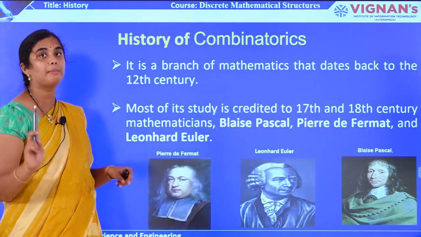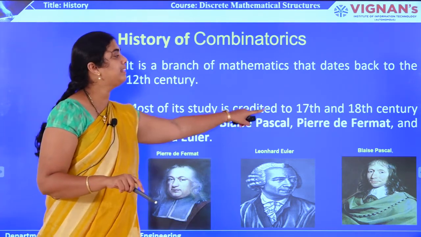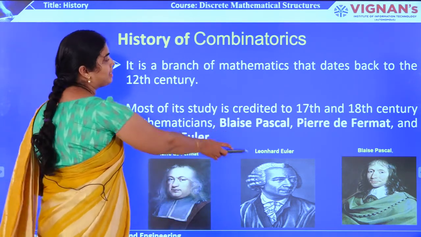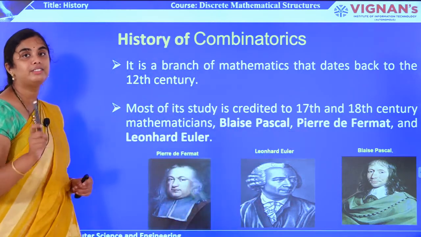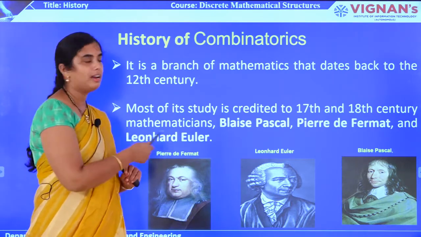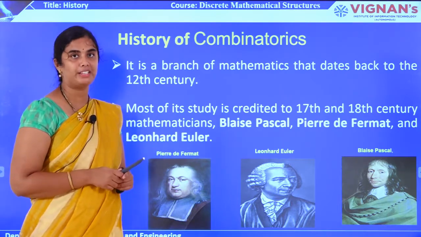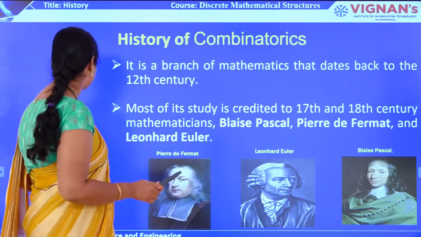Getting an idea is okay, but implementing that idea is necessary, right? So, in the 17th and 18th centuries, Blaise Pascal, Pierre de Fermat and Leonhard Euler, these are the 3 scientists who actually extended the topic of combinations. These are the 3 great people who actually developed this.